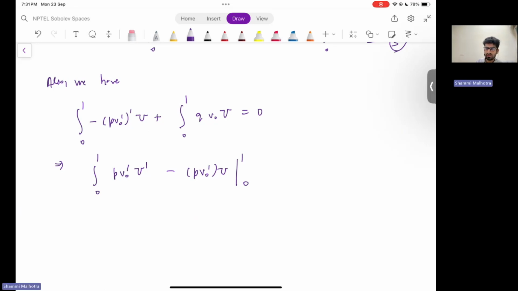Since we took u at 1 to be 0, we don't have to bother with v naught' at 1. So this thing is nothing but q v naught u equal to 0.